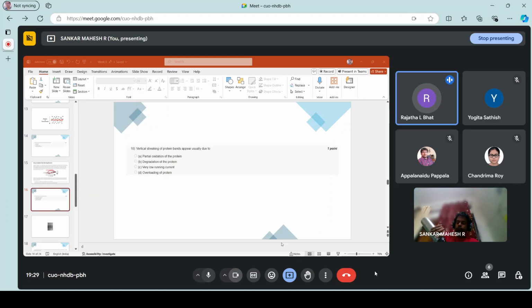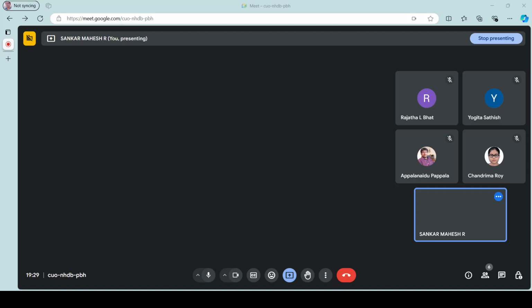So, option B, degradation of protein. Okay, if a protein degrades, what would it look like, Rajata? Sir, multiple smaller bands. Okay, there will be bands. Let me draw, and you tell me whether it would look this way. You are running the gel from here to here.